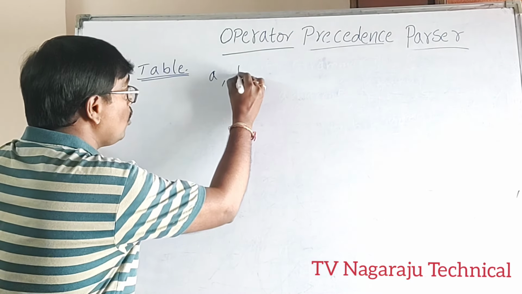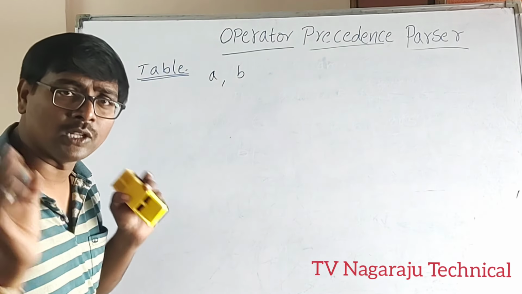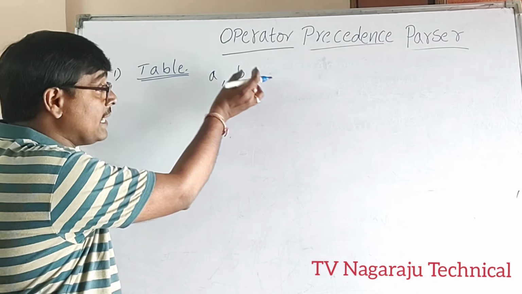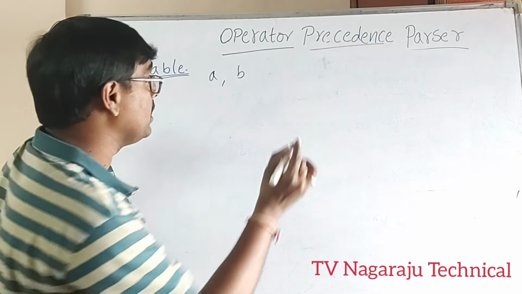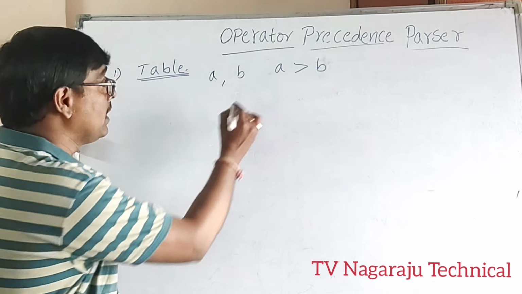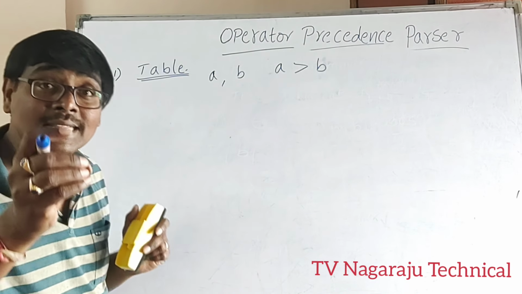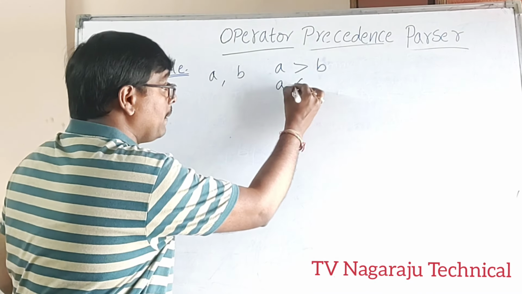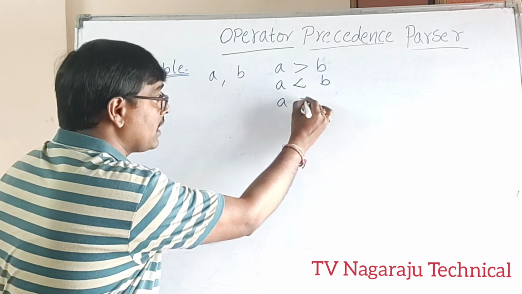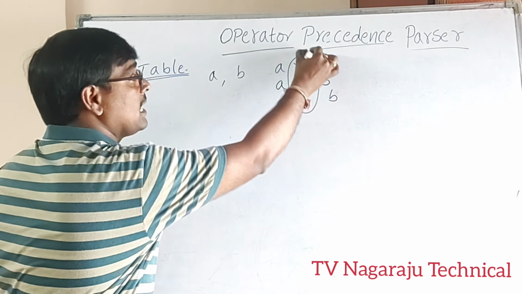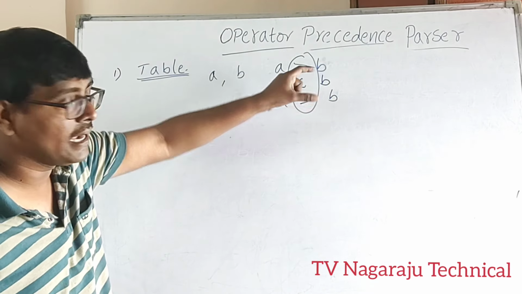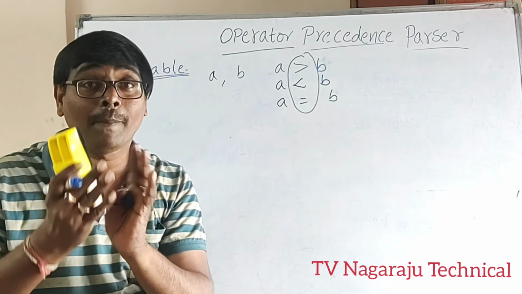Observe, I have two operators or two terminals, whatever it is, A comma B. If the precedence of A is greater than the precedence of B, then it is represented with the relation greater than. If the precedence of A is less than the precedence of B, it is represented with the relation less than, and both are equal with the relation equal. These are the relations. Now in the table we write the relationship between the two operators.